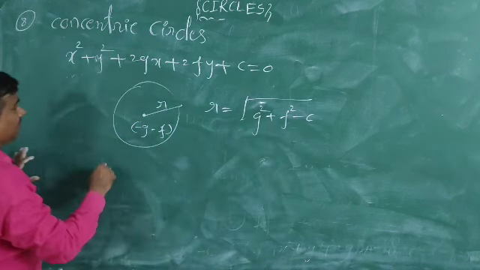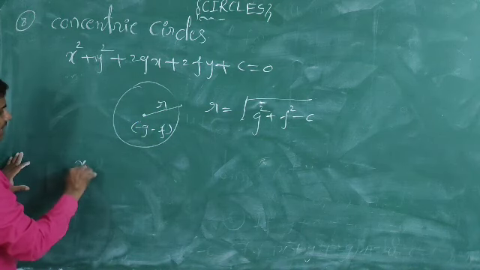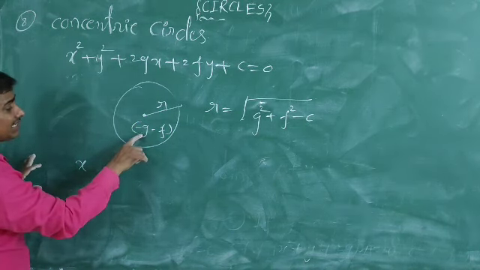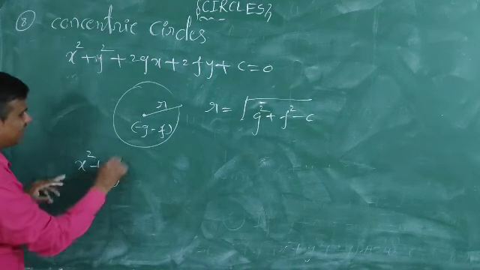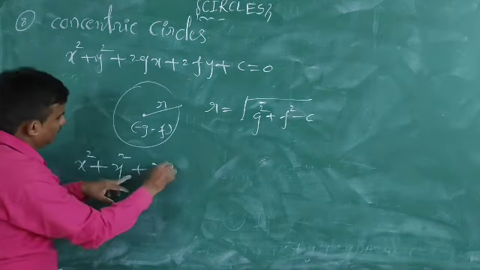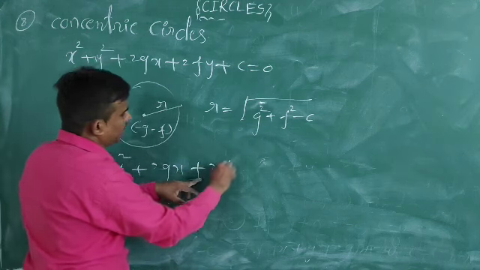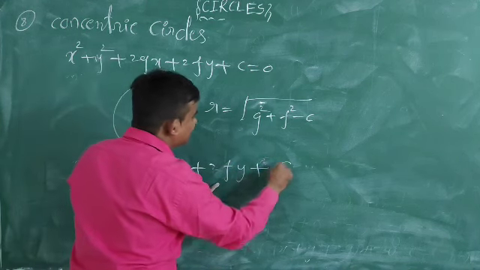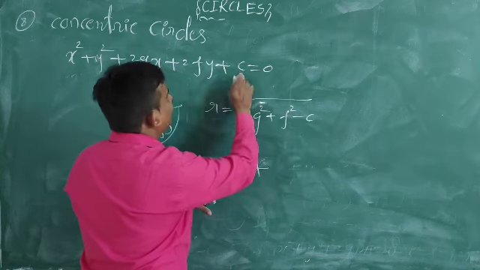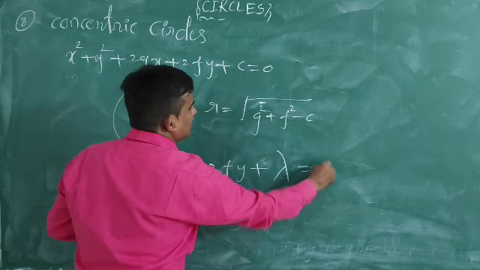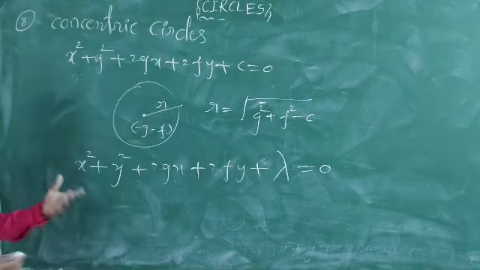There is no change in x square, y square, 2gx and 2fy, but we must change the value of c. Write it as lambda or t or something.